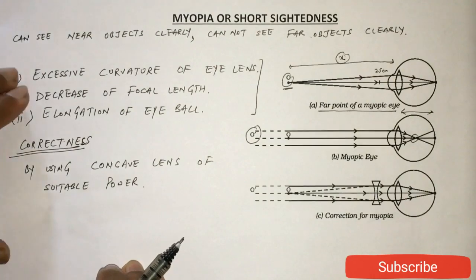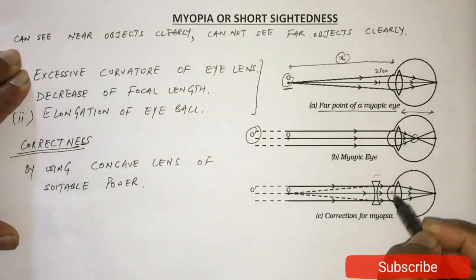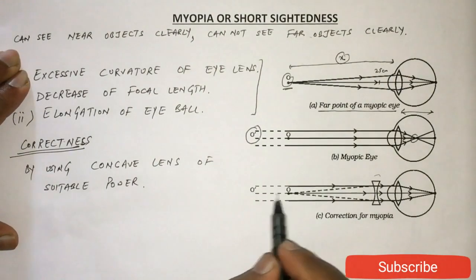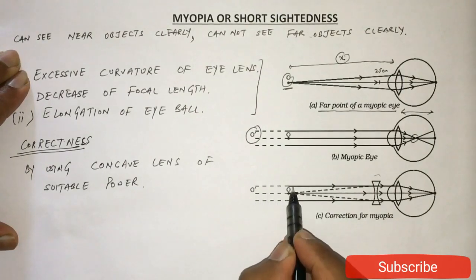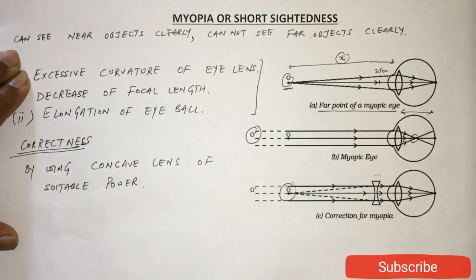Now this concave lens forms a virtual image of this object at the far point O.